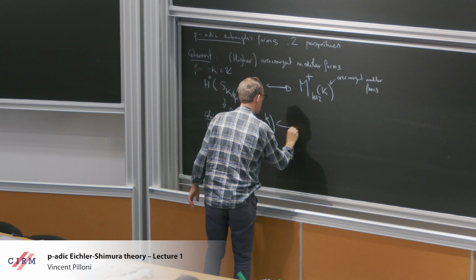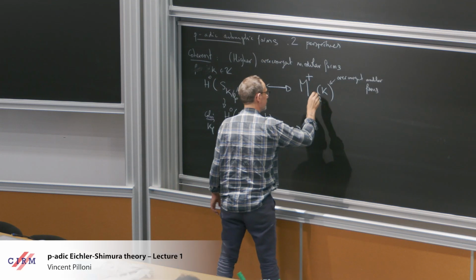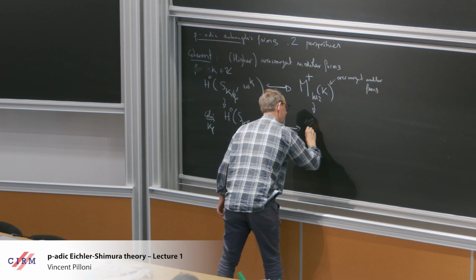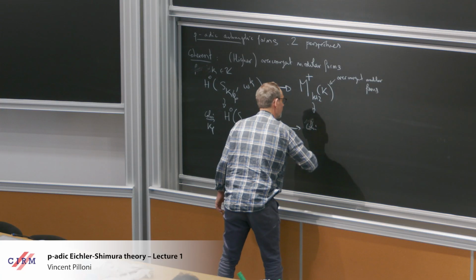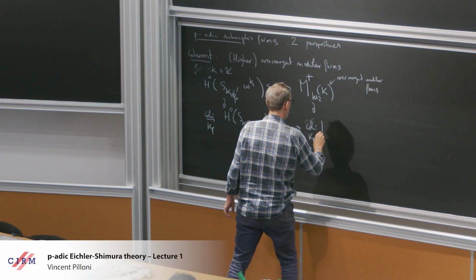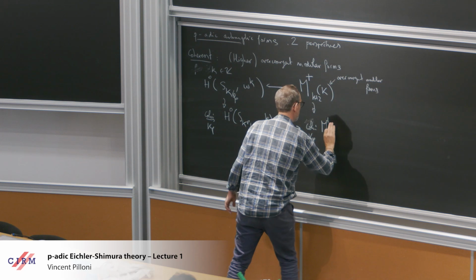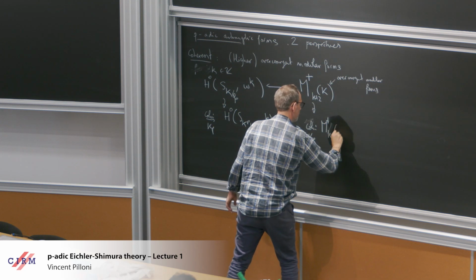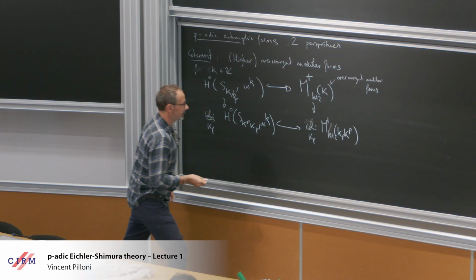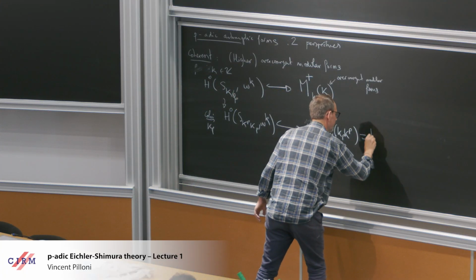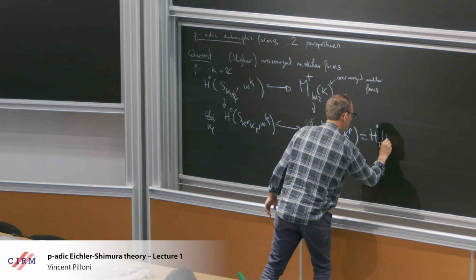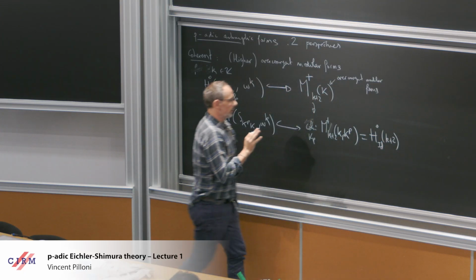Okay, and then I can similarly here pass to the colimit over the level at p, and then I have some space that I will now give another name. Okay, and that I want to denote by H^0 identity, k+2.